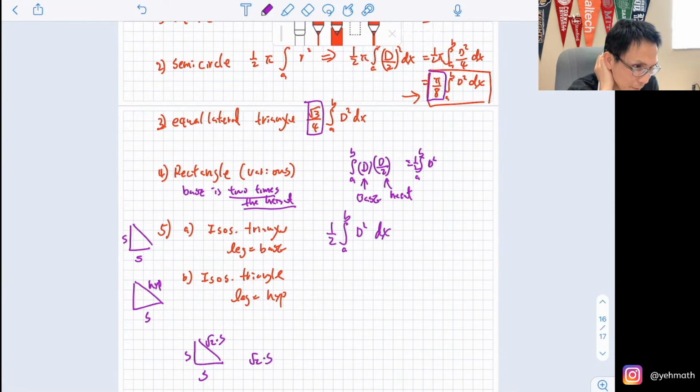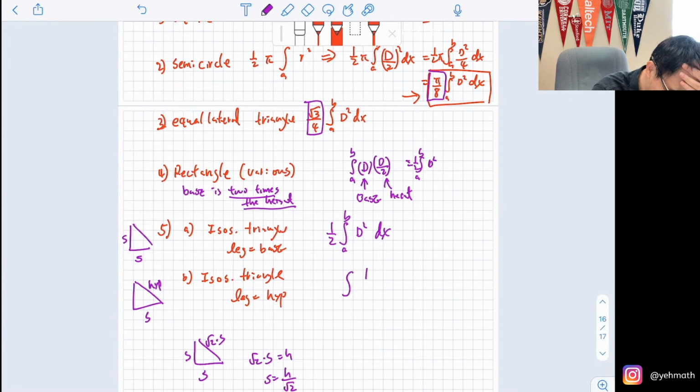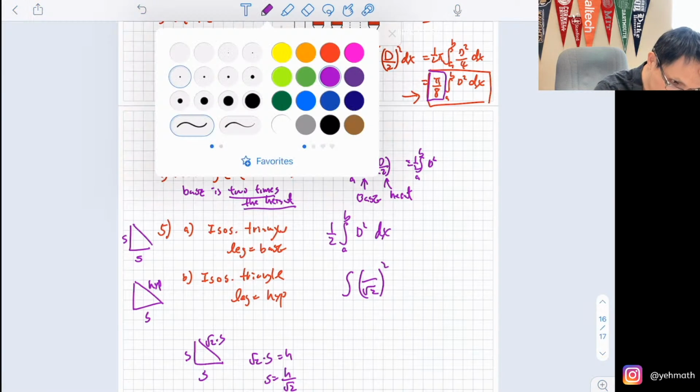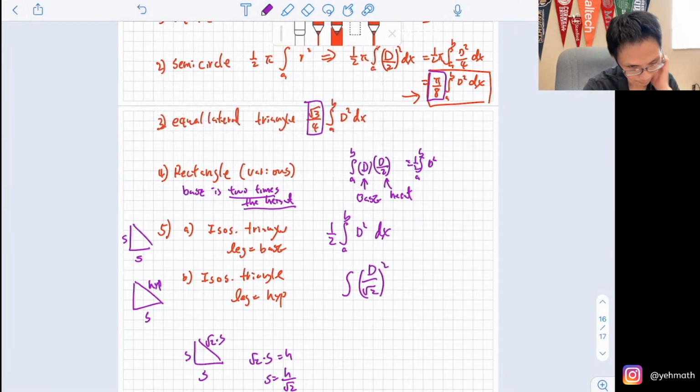is the hypotenuse. Now you want to find out the s. So this is equal to h. So s is the hypotenuse over square root 2. So in this case, it's going to be h over square root 2. That's the side squared, and times half.